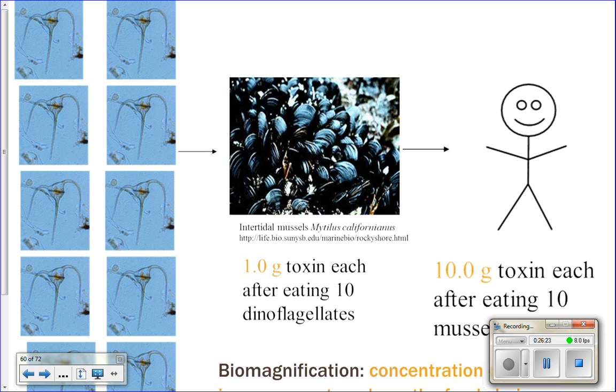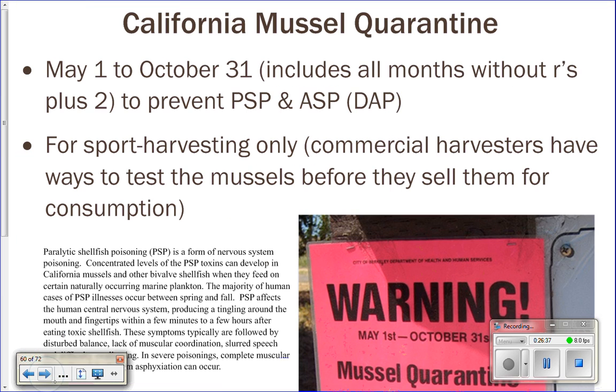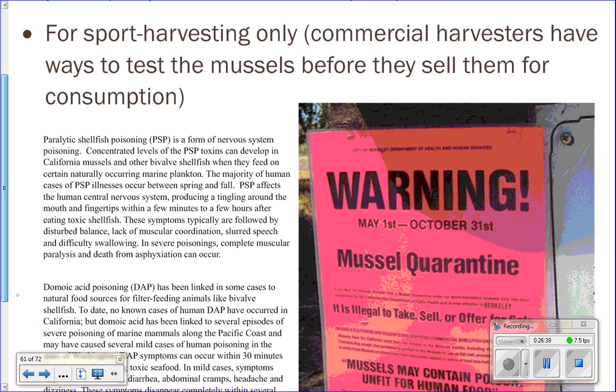So we monitor that, and it's very, very rare that you'll get one of these mussels at a restaurant. It'd be more like people that go to the shoreline to collect the mussels and then go home and cook them. If you go to the shore and you see a sign like this, that means those mussels are poisonous. Don't eat them. If you ignore that, you can get sick.